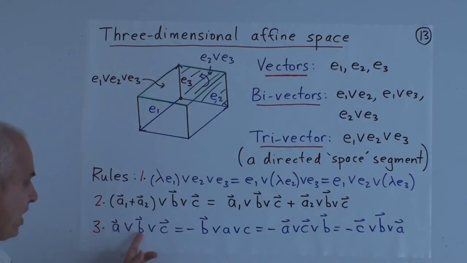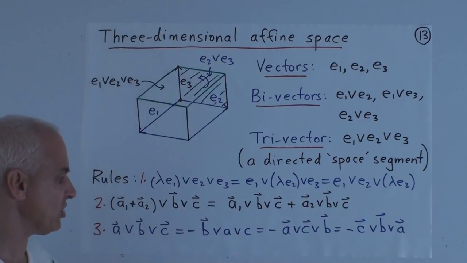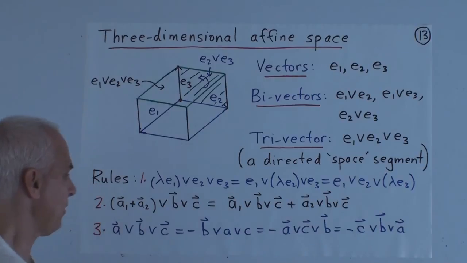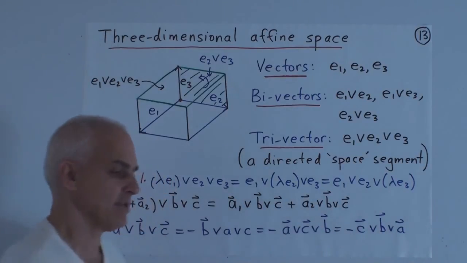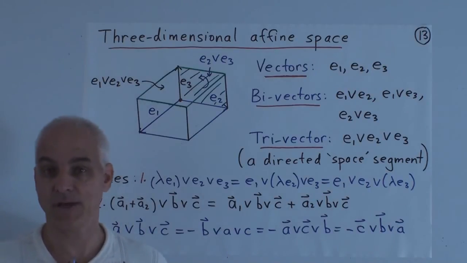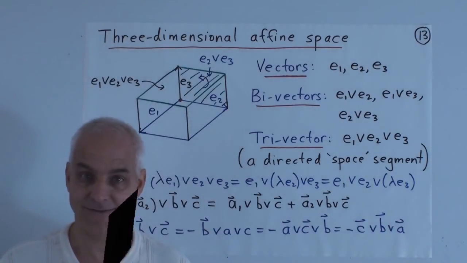So if we start with A wedge B wedge C, and we interchange, say, the A and B, then we get minus B wedge A wedge C. The trivector changes sign. It also changes sign if we interchange any 2 of them. So if we interchange these 2, we get that with a minus sign. If we interchange these 2, we get that also with a minus sign. So whenever we interchange any 2 of them, we agree that we're going to get a minus sign, just as we did in the bivector case.